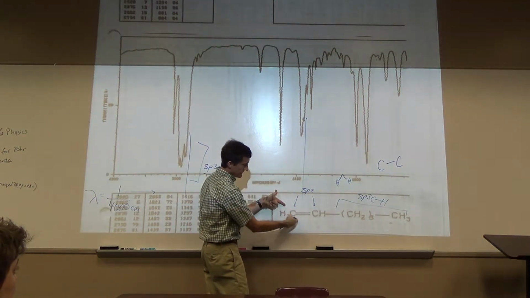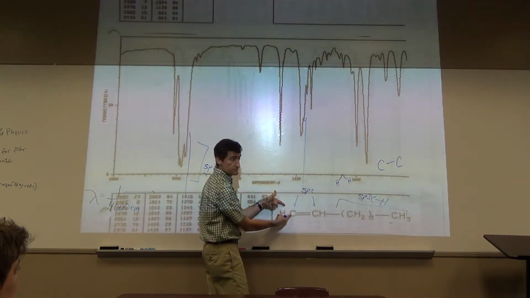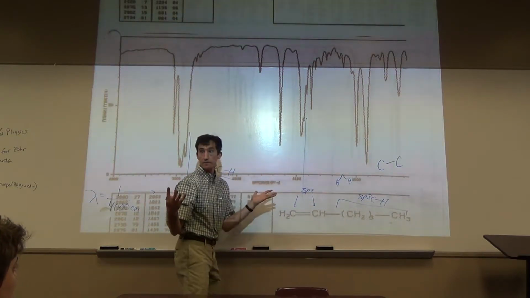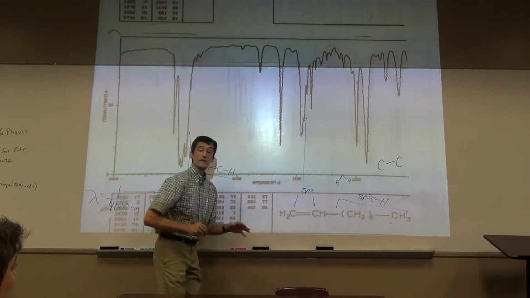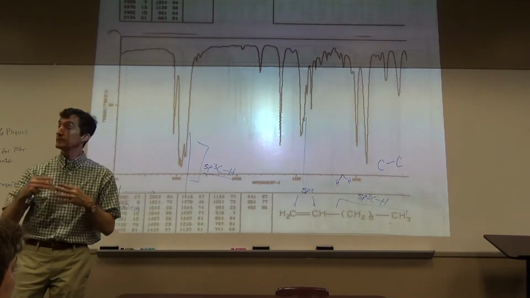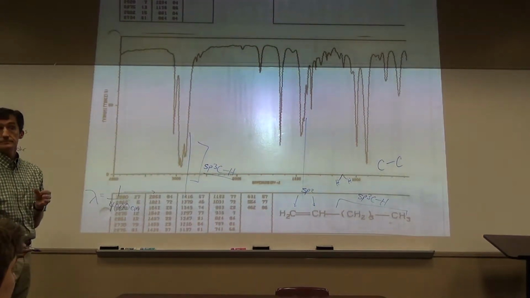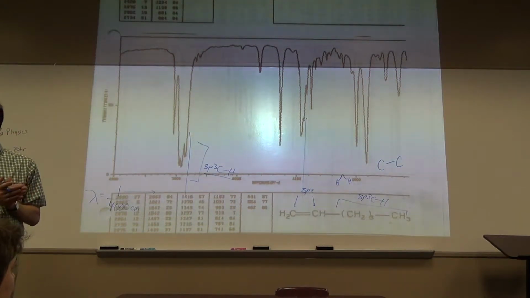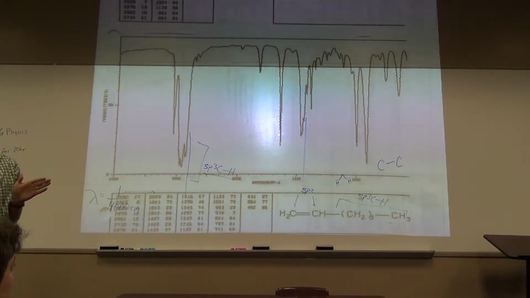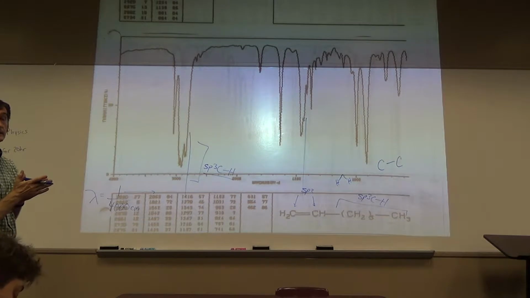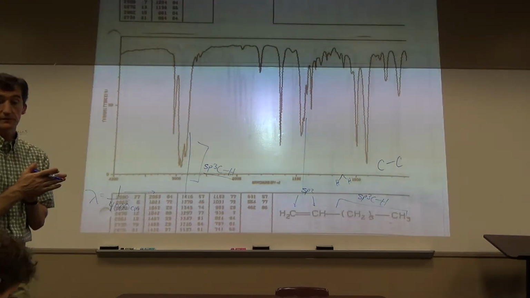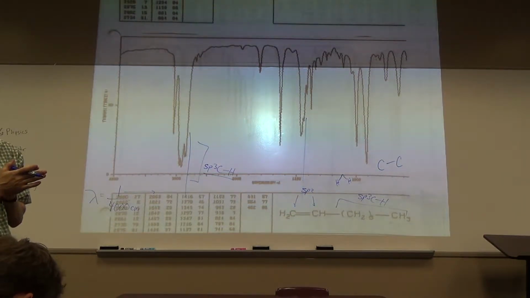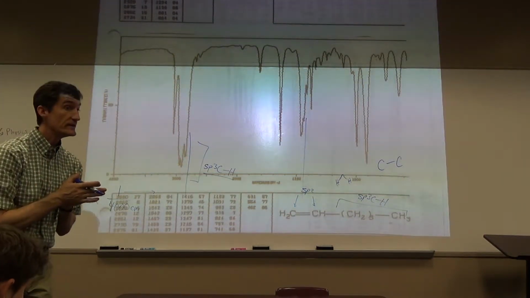And all this is in what type of geometry? Trigonal planar. These are sp2 C-H's. Where do we expect peaks for that type? Remember the magical line? Look at your table. Somebody tell me the exact values from the table for sp2 C-H. 3150 to 3000?